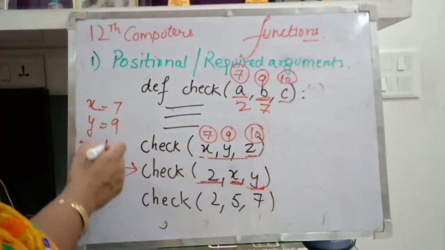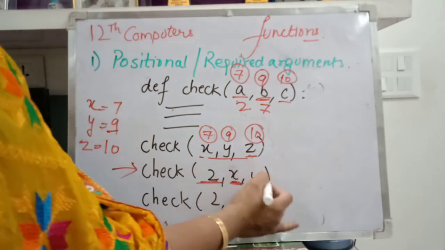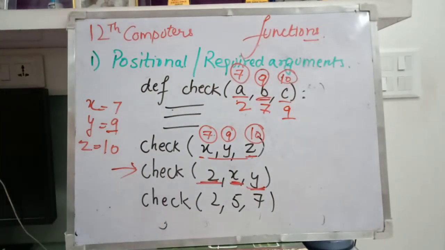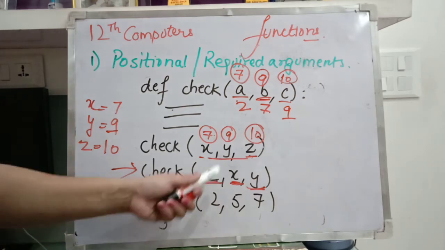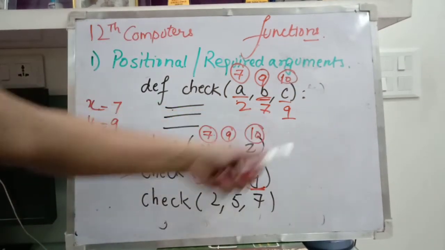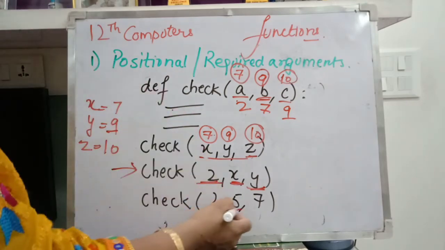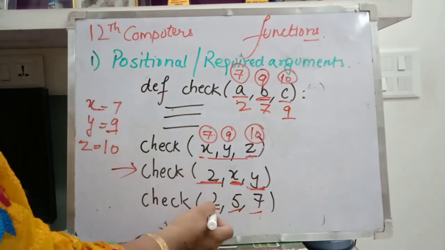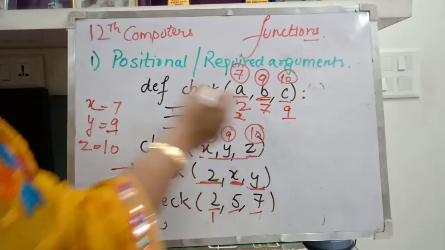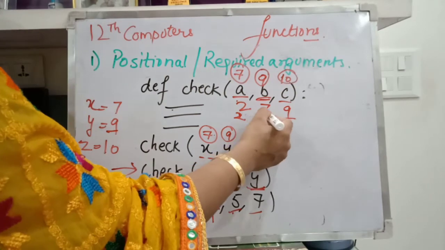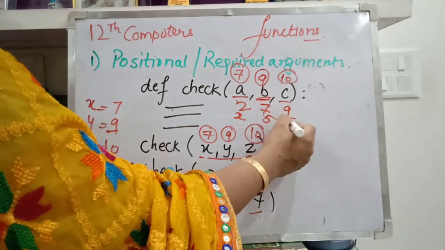Then y is 9 at the third position, and c at the third position gets 9. So in the second case, the argument values passed are 2, 7 and 9. In the third case, we have 2, 5, 7. Position 1 gets 2, position 2 gets 5, and then 7.